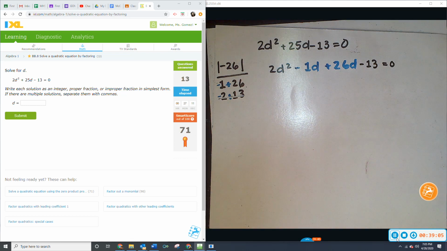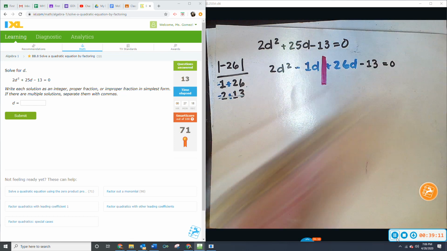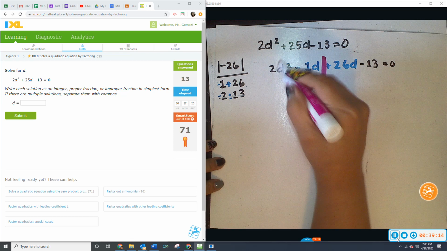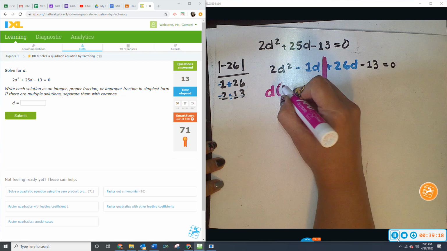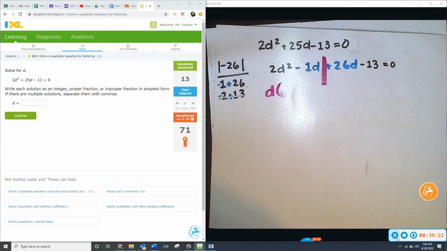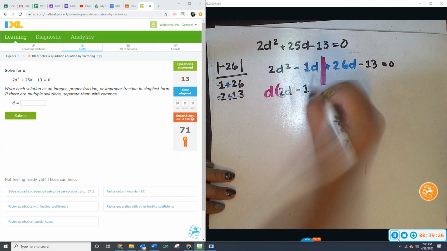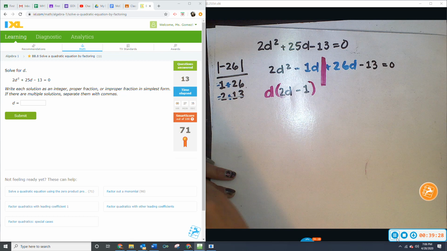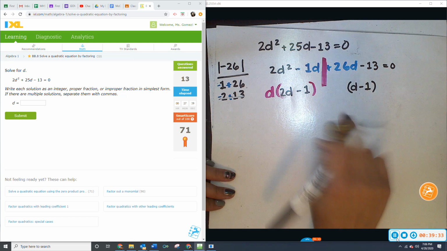Alright, we have a 4-term polynomial, so let's go ahead and split it down the middle. And both of these have, well, d in common, so let's factor that out. Gives me d times 2d minus 1. So that means over here I should also have 2d minus 1.